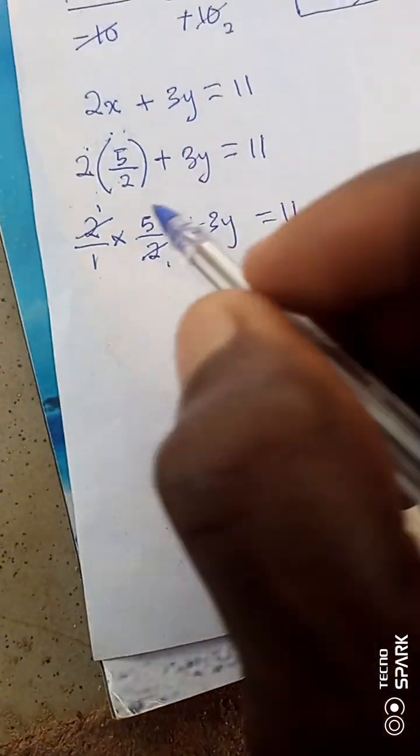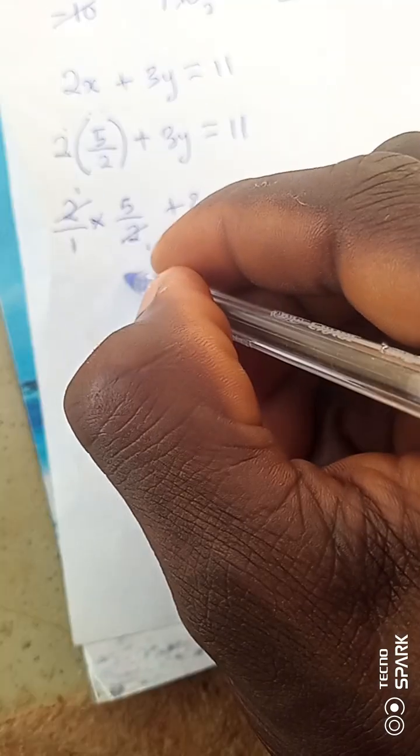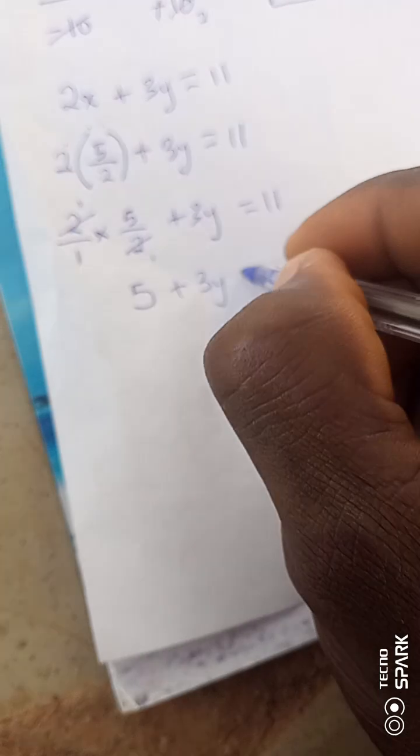So these two, we cancel these two out. They will go into each other. So we're left with 5 here. Our new equation is now 5 plus 3y is equal to 11.